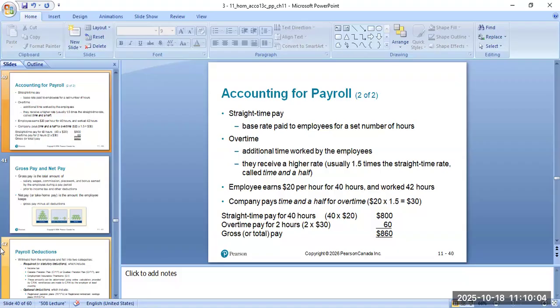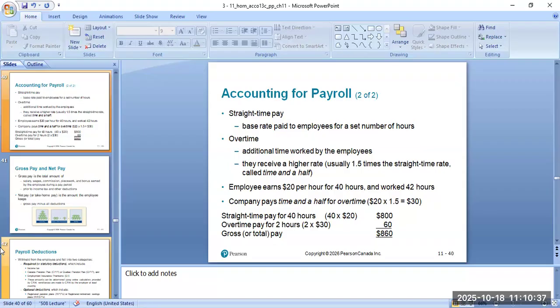Now, in this case, I strongly recommend that you, since you're going into accounting, familiarize yourself with the Business Employment Standards Act to understand what is regular time, what is overtime, when the overtime is paid, how the overtime is paid, how much is this, how much is that. But the general rule is for overtime, the employee gets paid 1.5 times the base rate.